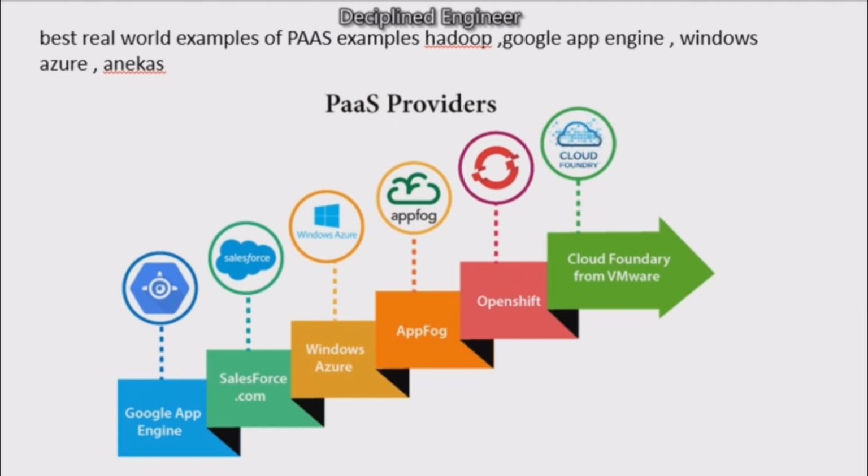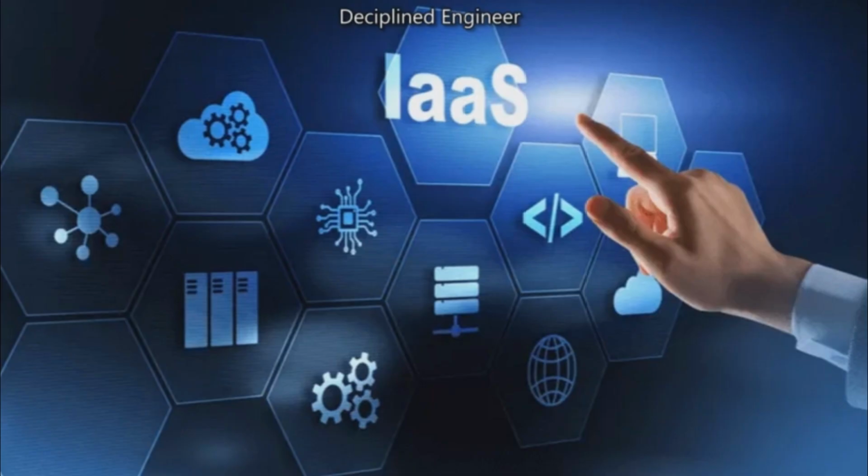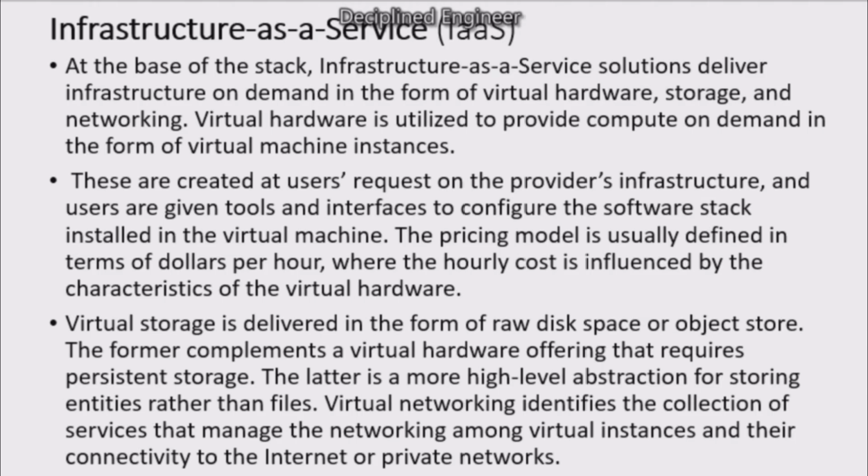So I think we should look further now. Now let's look at infrastructure as a service, as provided to the consumer. At the base of the stack, infrastructure as a service solutions deliver infrastructure on demand in the form of virtual hardware, storage, and networking, where virtual hardware is utilized to provide compute on demand in the form of virtual machine instances.